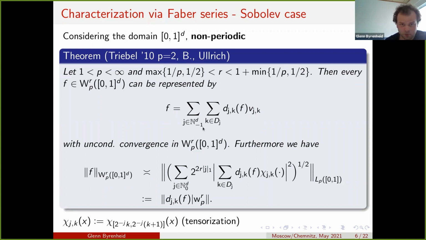And the interesting point is that we can represent an equivalent norm of our function f by the decay properties of the corresponding Faber-Schauder hat functions. That means we obtain an equivalent norm by measuring this sequence of Faber-Schauder coefficients inside of such a sequence space.